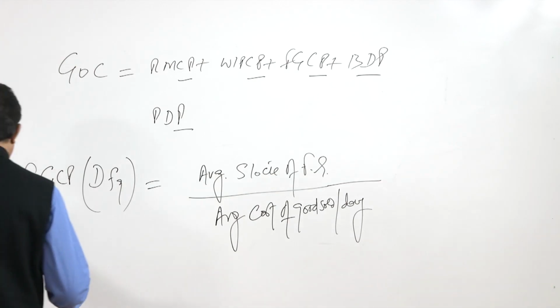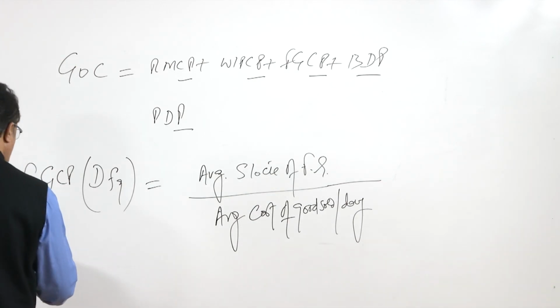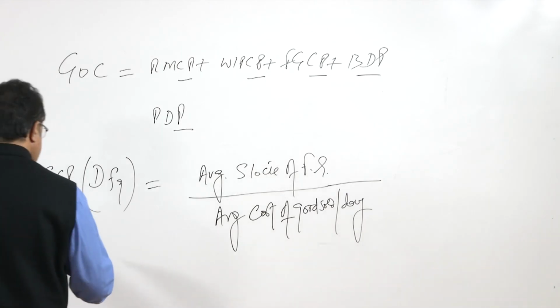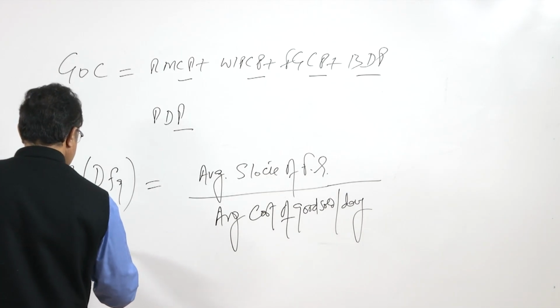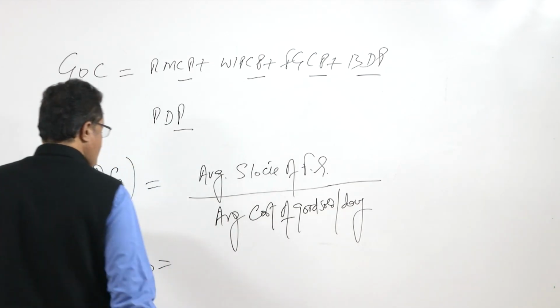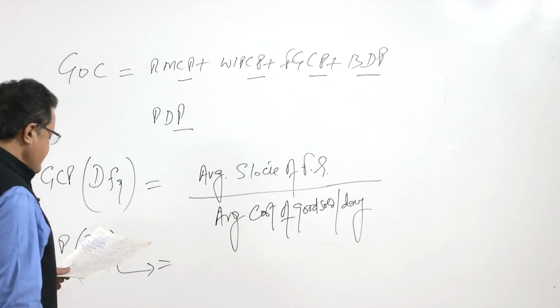And then the next thing is the BDP, book debt period, or in other way you can call it the DAR, duration of the accounts receivables. So, duration of the accounts receivables can be calculated how?